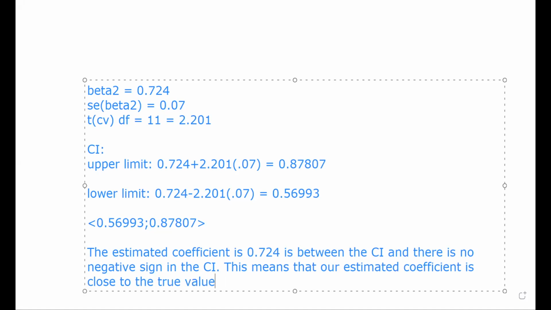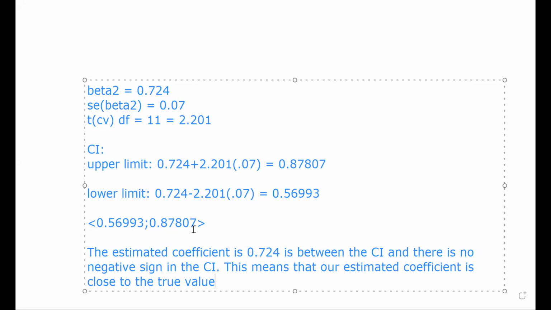Okay, you get it? So we have beta 2 is 0.724, and the confidence interval lower limit is 0.56993, and the upper limit is 0.87807.